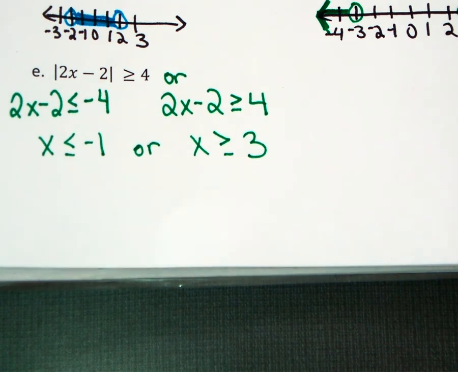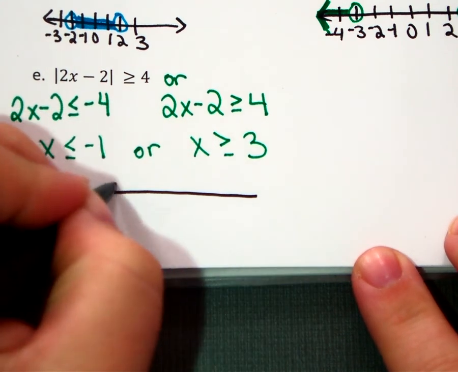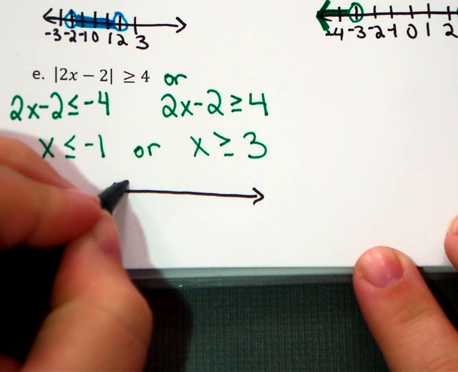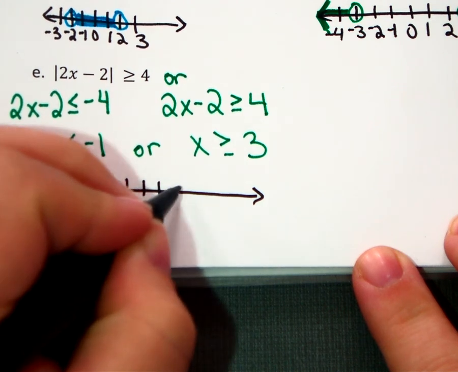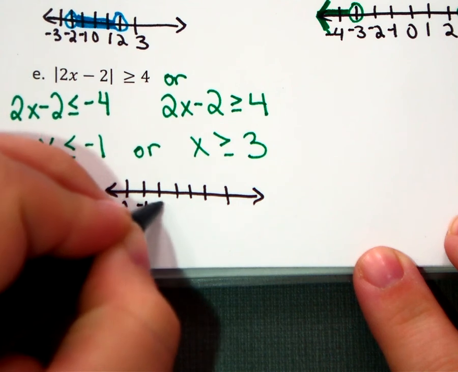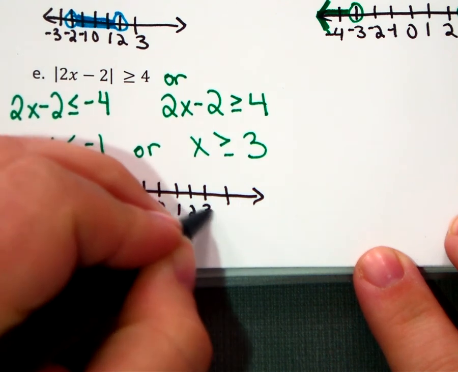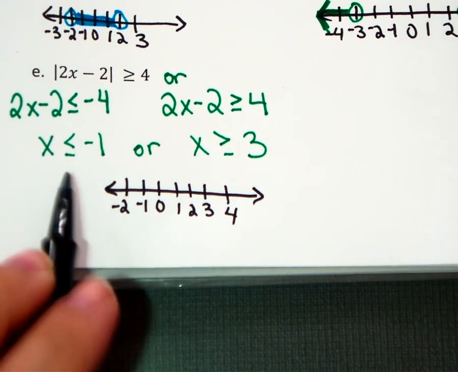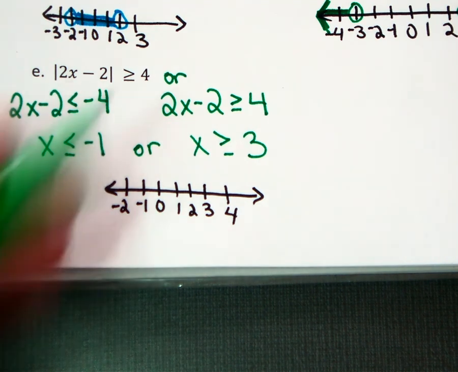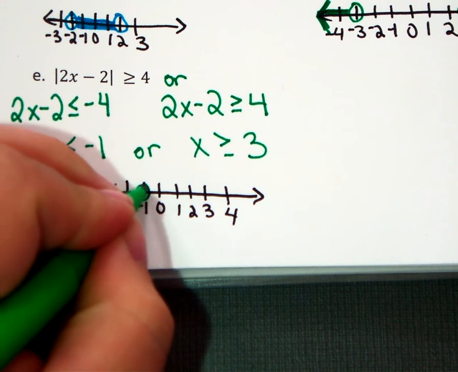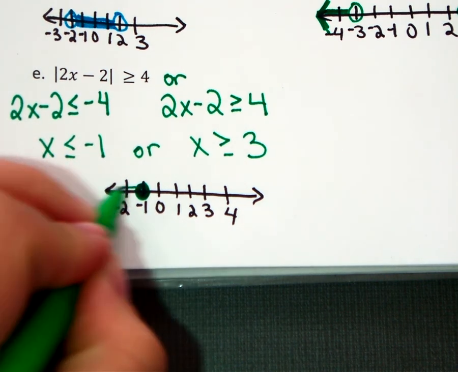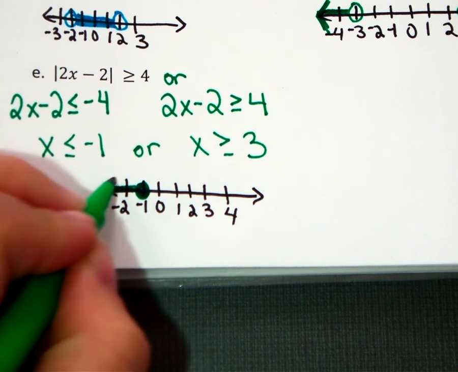Graphing this inequality works the same way as before. My graph will go all the way from -2 to +4. For this inequality, we're going to use a closed dot on -1, and because it is in the same form for variable inequality number, we will shade in the direction of the inequality to the left.